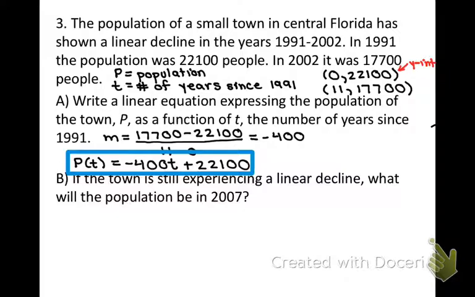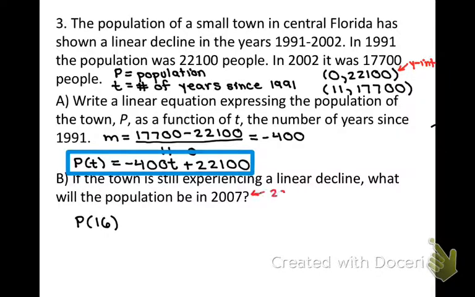All right, now in part B, we're looking at what the population will be in 2007. So we've got to ask ourselves, okay, in 2007, how many years have passed since 1991? So in 2007, 16 years have passed since 1991. So we are looking for P of 16. Let's make a little note here.